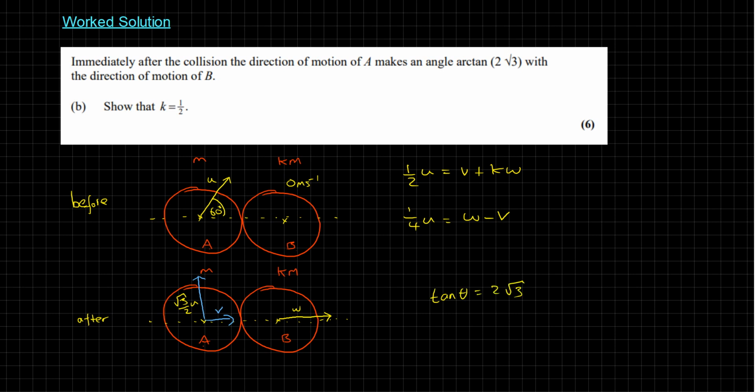And remember, if we're looking at these two blue components, it's saying I've got V, and I've also got √3/2 U, and this angle is such that this is the case. So, seeing as tan is opposite over adjacent, that tells us that √3/2 U over V is equal to 2√3.